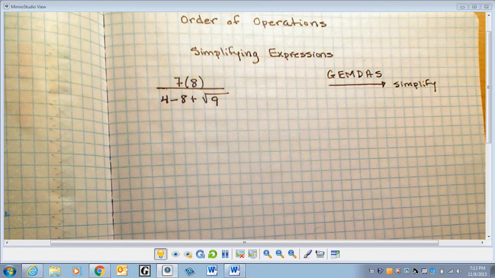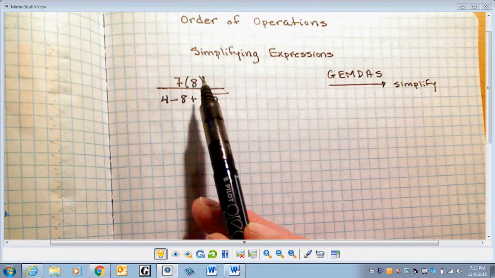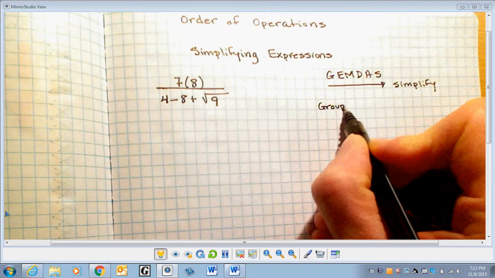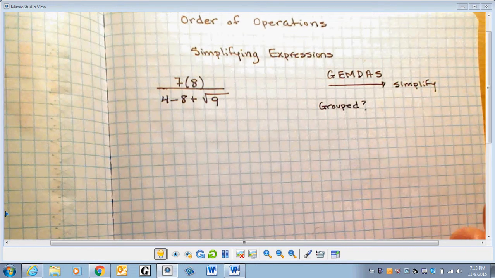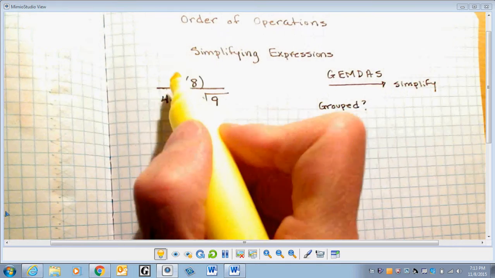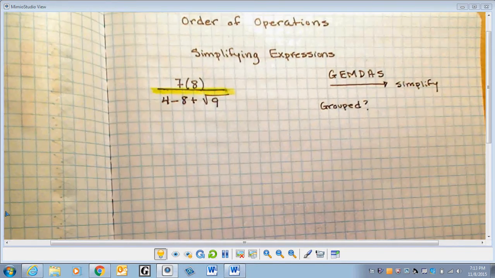So the first thing I come to is grouping. I'm looking at this problem and asking myself, is anything being grouped? Do I have any grouping going on? Certainly I do. It may not be obvious, but I have this long bar here, which is my division sign.